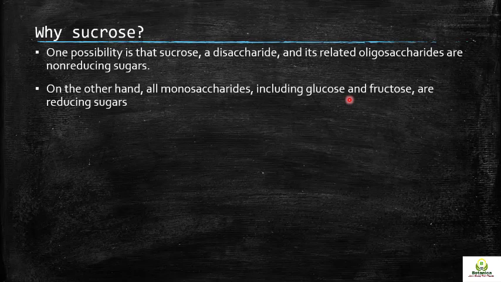So the food molecule should be in a form that cannot be degraded or react with other compounds, so that its nature is not changed. That's why the food molecule is transported in a form that is inert, or very less reactive.